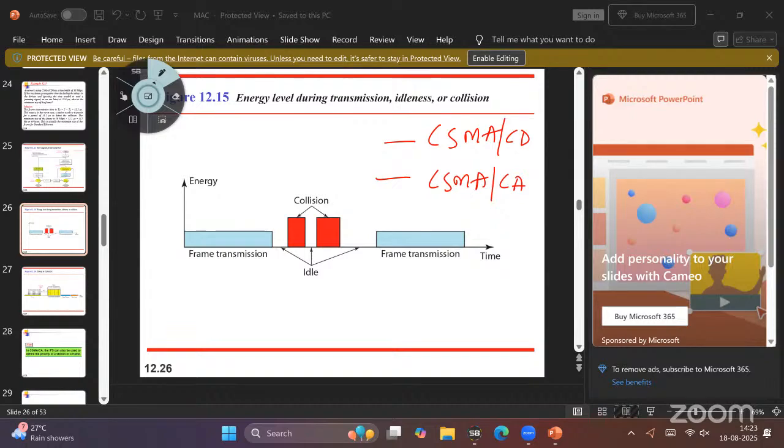The road is blocked, so we need to divert and take another road. Similarly, when you transmit the data, a collision will happen, so they will cease the transmission.